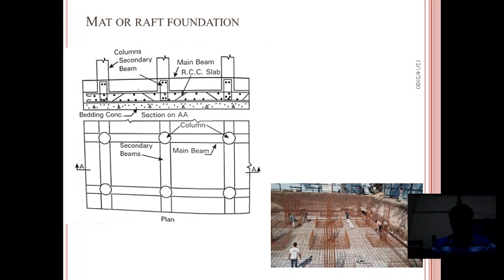You can observe in the figure very clearly, by using reinforcements we will lay the mat over a large area by including all the columns, by providing primary beams and secondary beams, the main beam running along the longer span, and the secondary beam connecting main beams over the shorter span.